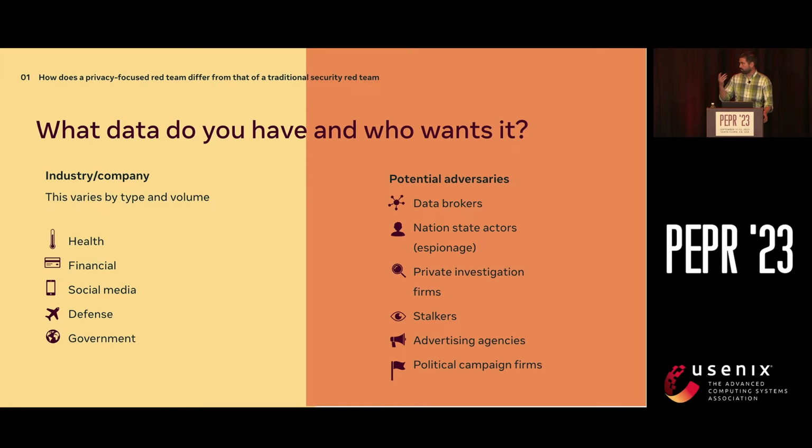But you might find when you make this list that there's a lot of folks on that right-hand column that aren't captured in a typical cybersecurity adversary. Folks like private investigation firms, stalkers, advertising agencies, or political campaign firms might be interacting with your platform in a very different way, right? But they're still trying to get the data that they want out of it.